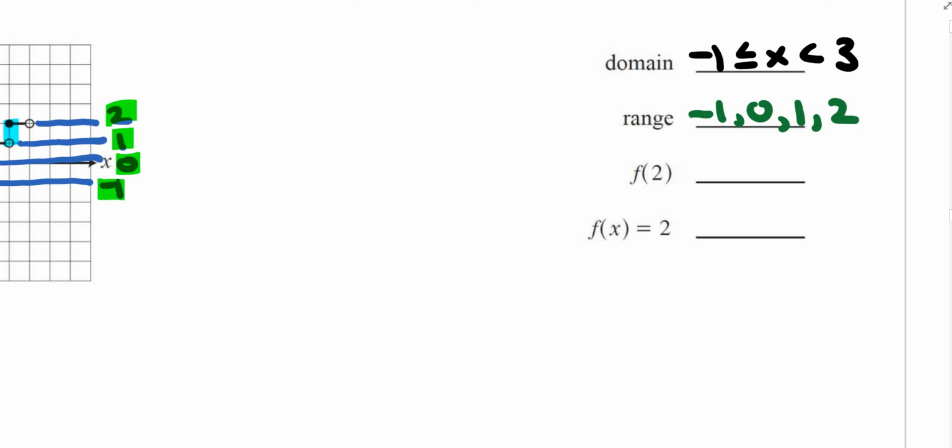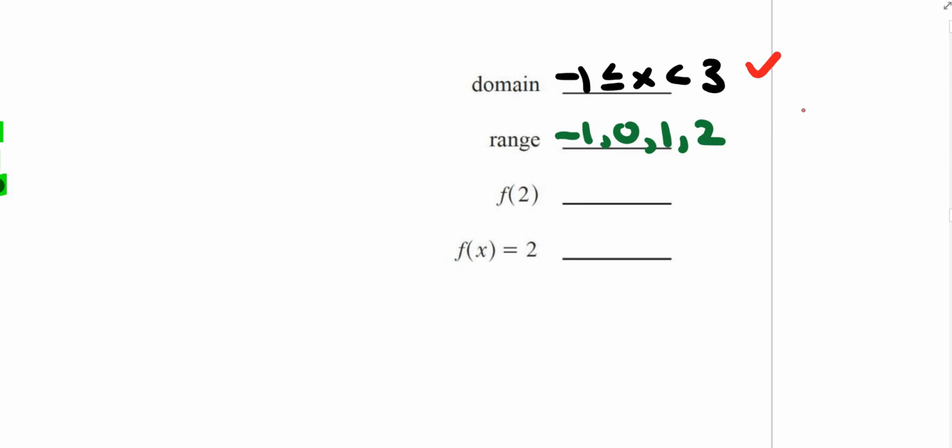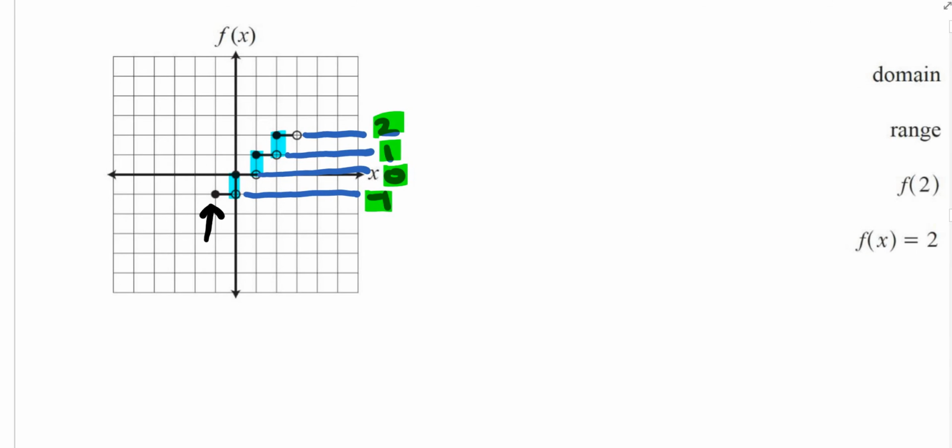Okay, let's make sure you're clear on the difference between the domain and the range. Your domain has these inequality signs because it's taking on every single value from -1 up to 3, not including 3. But your range doesn't have those inequality signs because you have all these gaps in the graph. The gaps are highlighted in blue.